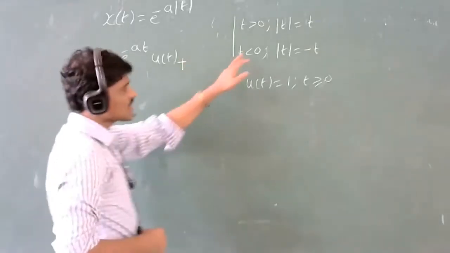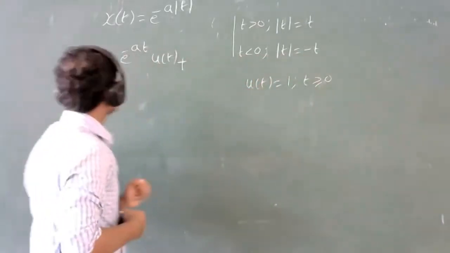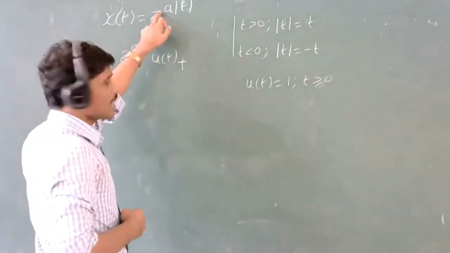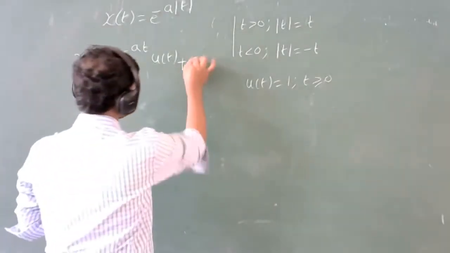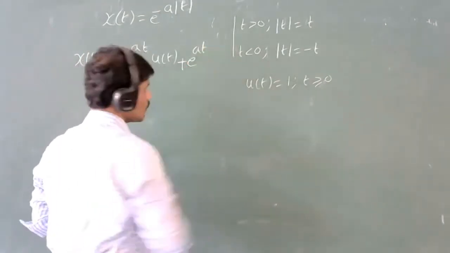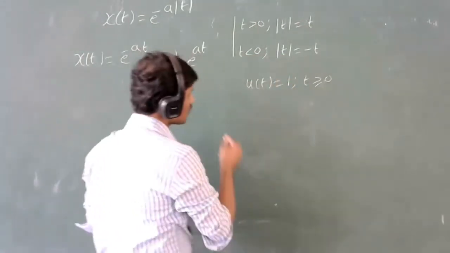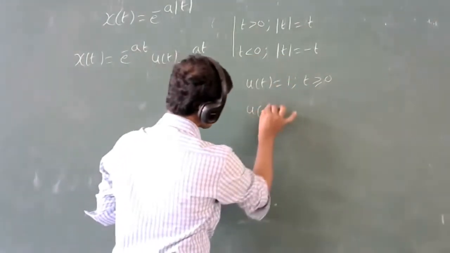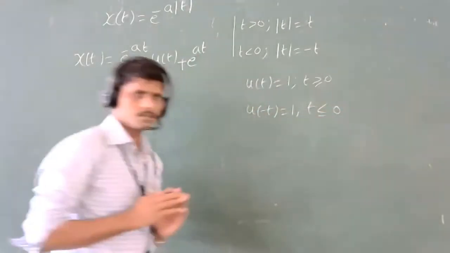And for t less than 0, what is the magnitude of t? Minus t. Before, minus is already there, so minus into minus gives plus: e power at into t less than 0. What is the definition of the unit step signal? u of minus t is equal to 1 for t less than or equal to 0.